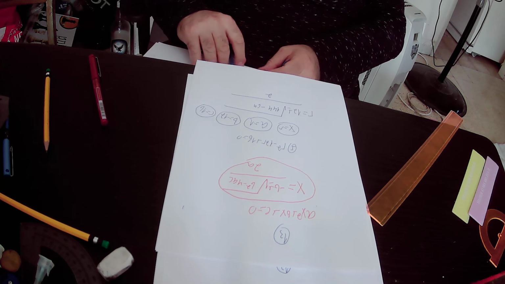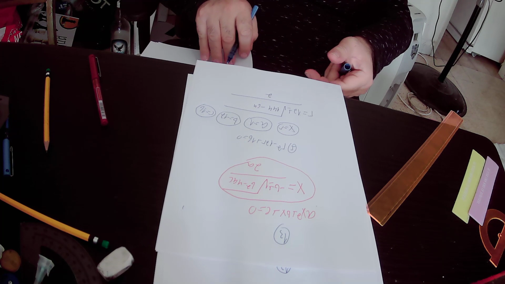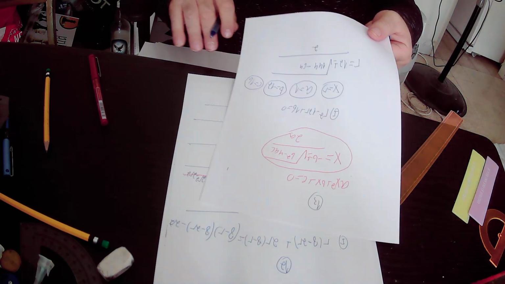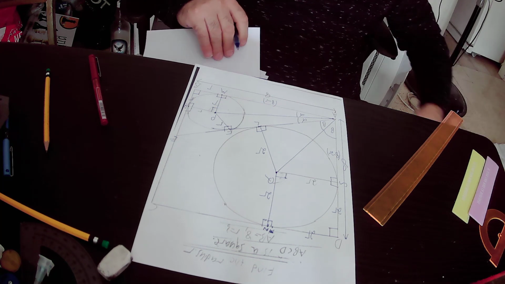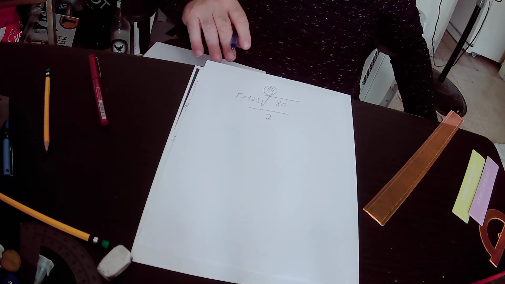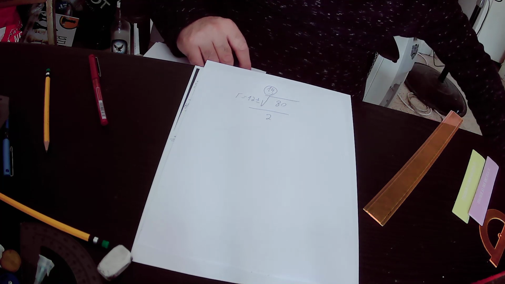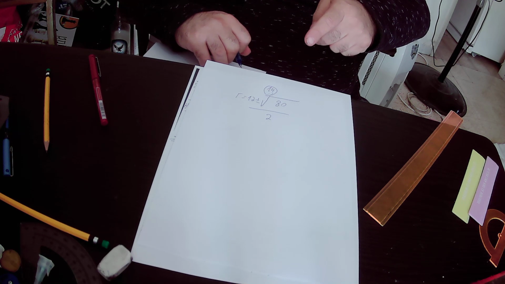Okay, so we actually got this expression: r equals 12 plus minus root 80 over 2.